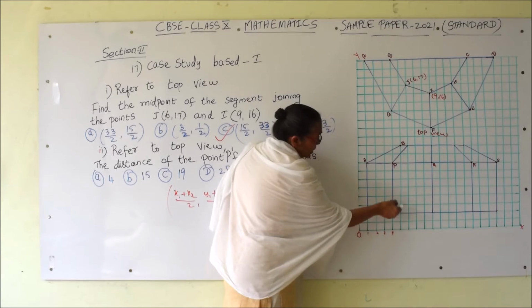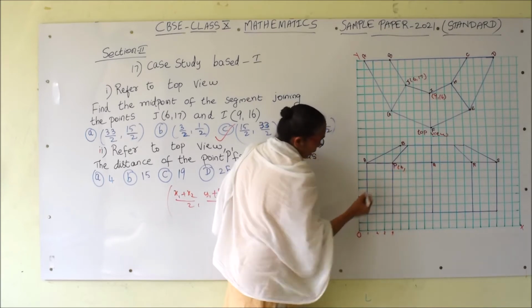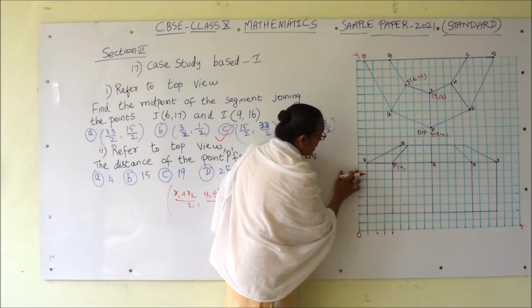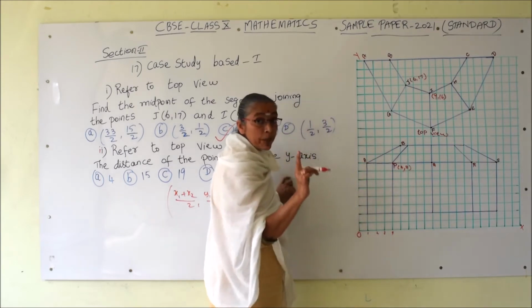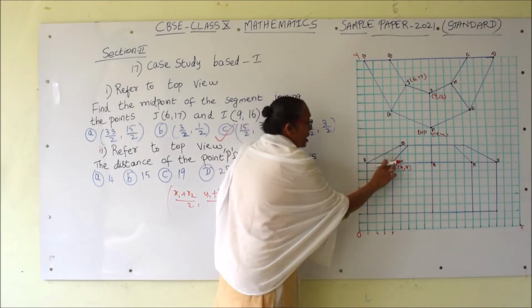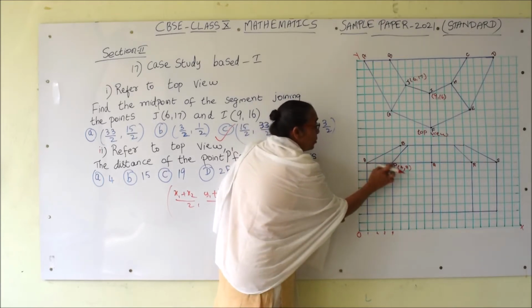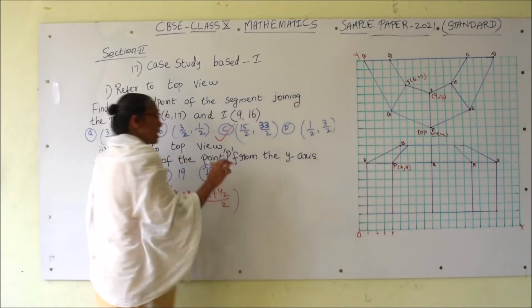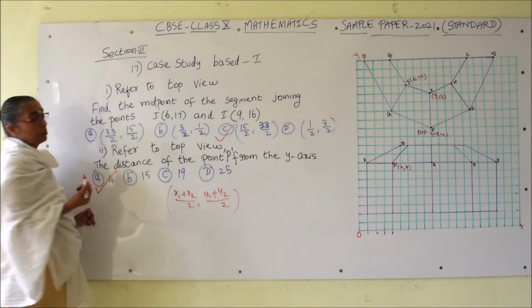Now, the P point is 4, and do you want to find its y coordinate? 1, 2, 3, 4, 5, 6, 7, 8. Okay, but we need its distance from the y axis. So, the distance of any point from the y axis is nothing but its x coordinate. You can count also from this: 1, 2, 3, 4. So, the distance of the point P from the y axis is nothing but 4.